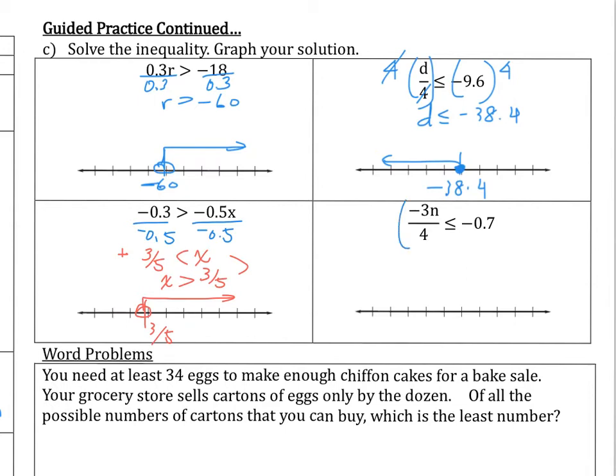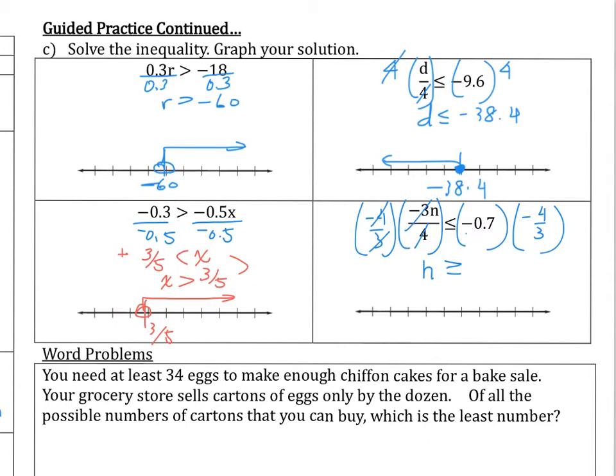And then for the next problem, we're going to multiply by the reciprocal of negative 4/3. And since we've multiplied by the reciprocal of a negative number, we also need to reverse the inequality sign.